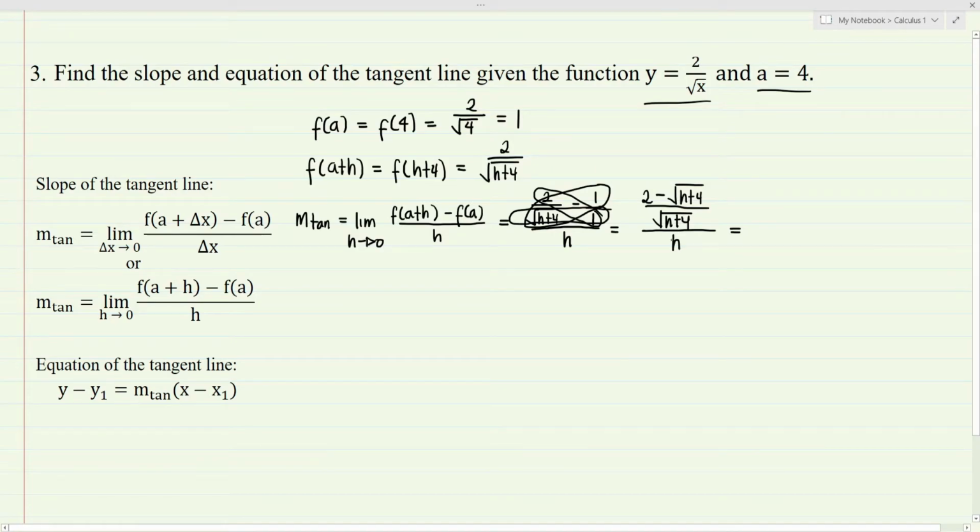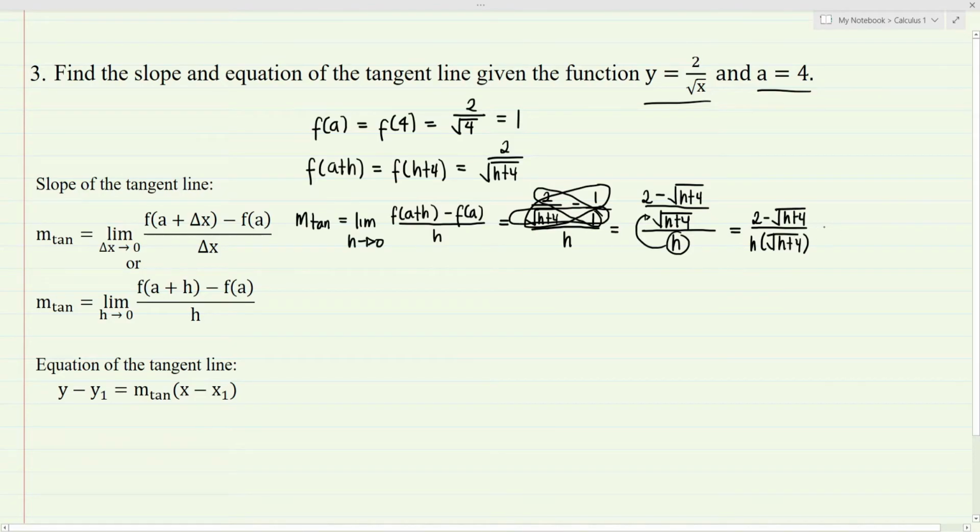To simplify this one, just place this denominator here to the denominator of the numerator. So its simplified form would be 2 minus square root of h plus 4 divided by h multiplied by square root of h plus 4.